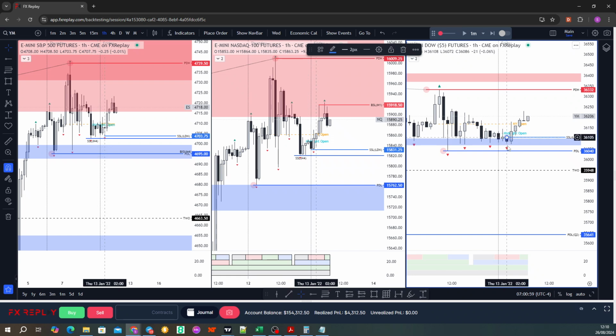Highs are a little bit more. This is the most recent high that we've traded above.